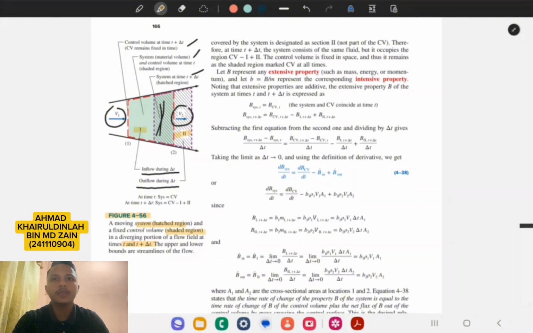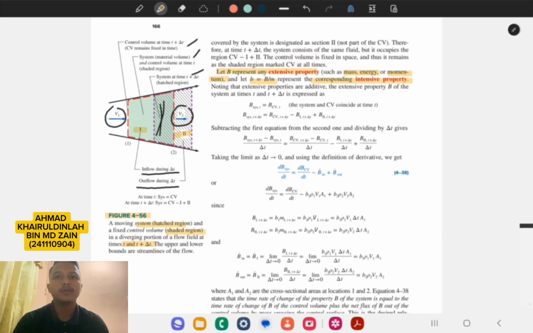So let capital B represent any extensive property, such as mass and energy, which are scalars, or momentum, which is a vector, and the small b is the corresponding intensive property. So small b is equal to capital B divided by m, mass, the property B per unit mass.